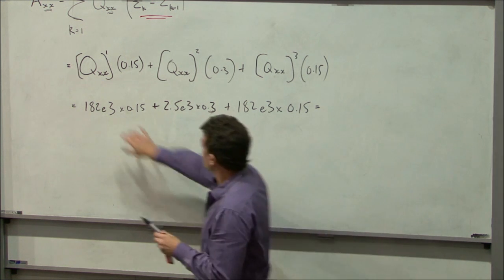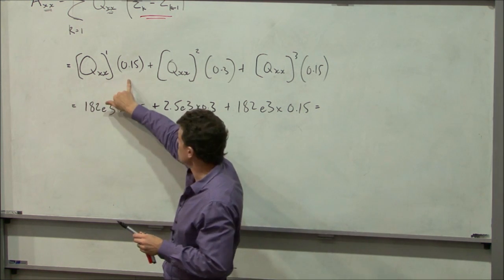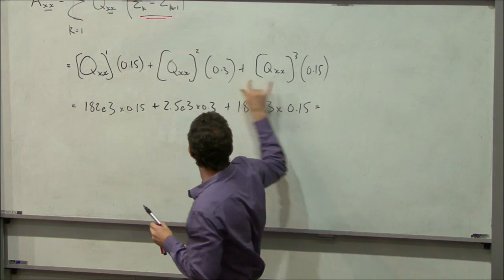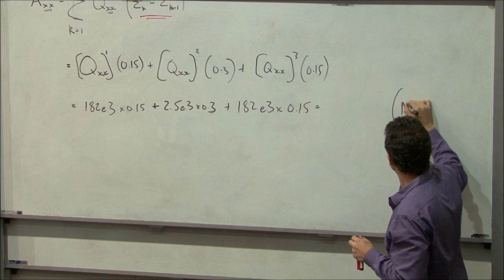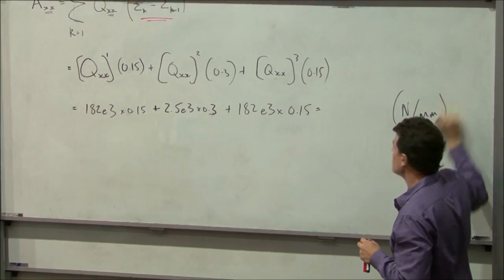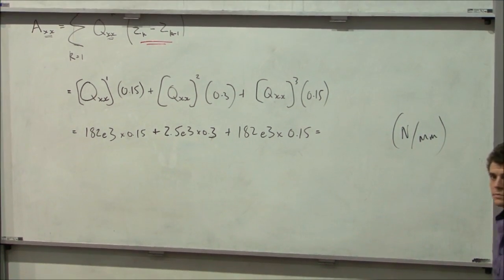So we had megapascals times a millimetre, so the units that come out here are newtons per millimetre.